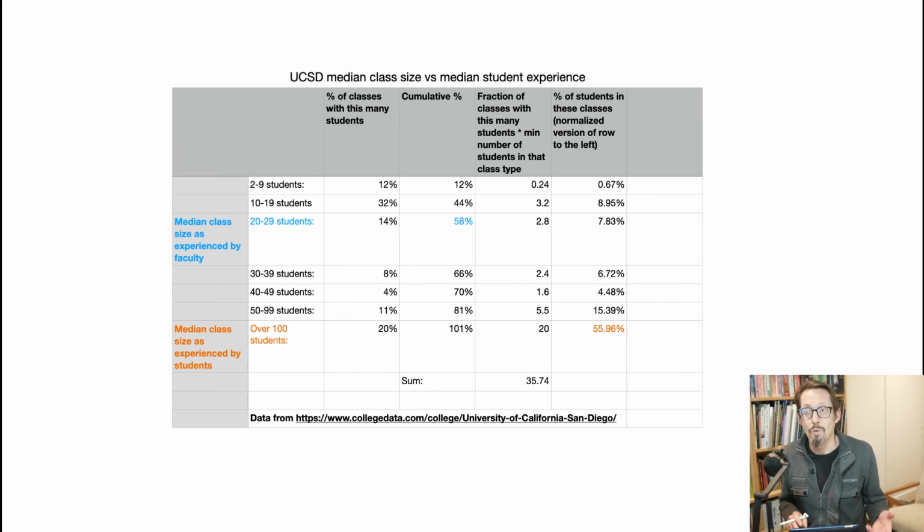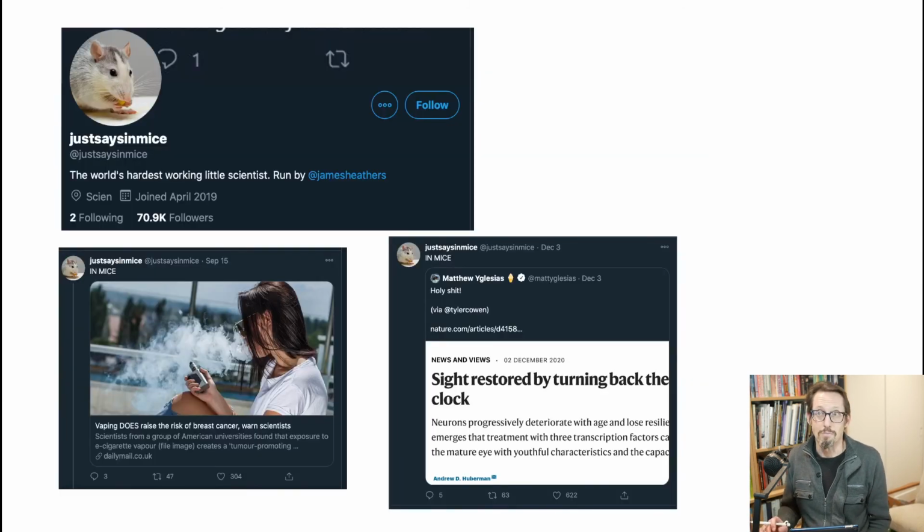All right, so are we measuring the right kinds of things? Maybe not. This extends into many aspects of science, not just data science. So misunderstanding what the measurement is like is kind of, I would say, a hobby in biological sciences. One of my favorite Twitter things to follow is Just Says In Mice, which all it ever says is "in mice."